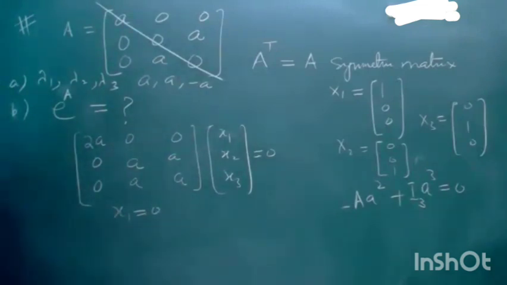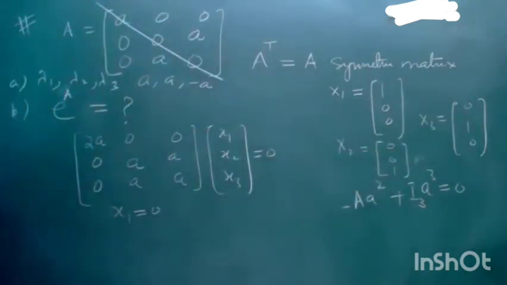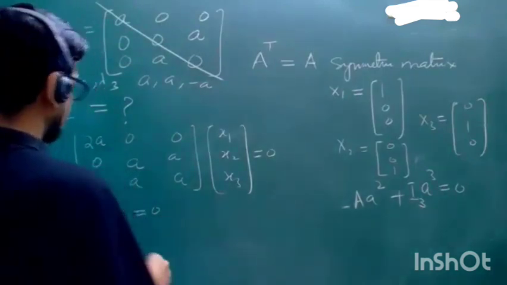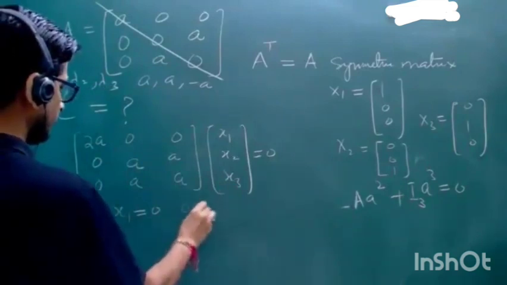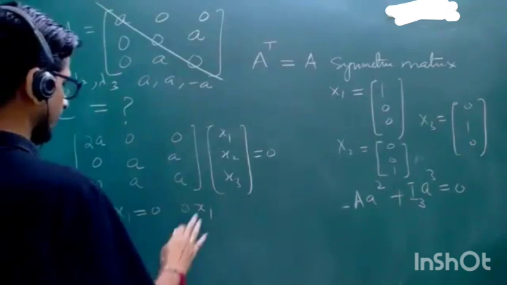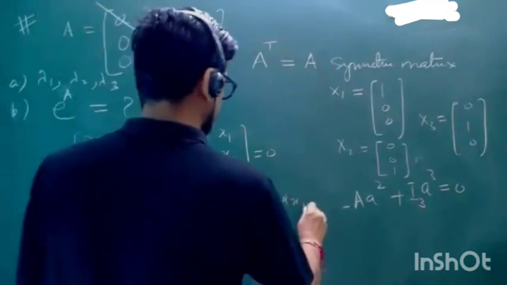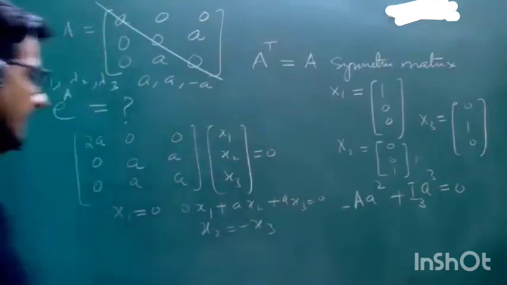Correct? Let me write it using equations. x1 is equal to 0, 2a x1 plus this. The second one is 0 x1. Second and third are the same. So we subtract and this becomes 0, so only one equation is there: 0 x1 plus a x2 plus a x3 is equal to 0. That means x2 is equal to minus x3.